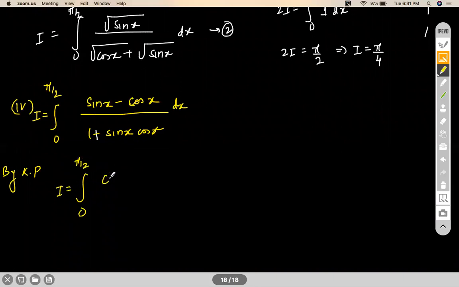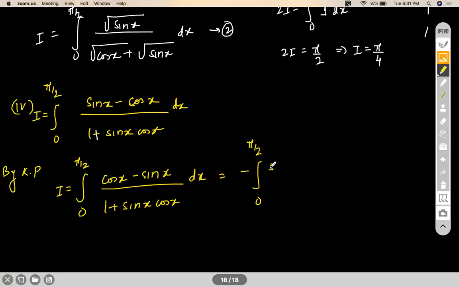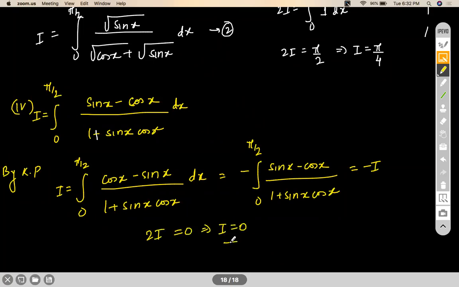This will become cos x minus sin x. Now I don't want to write all those pi by 2 minus x. I'm sure everybody knows how to do it. And the denominator is unchanged. And you realize that it is negative of the integral 0 to pi by 2 of sin x minus cos x by 1 plus sin x cos x. That is nothing but negative I. That means 2I is equal to 0. That means I is equal to 0. Easy. No problem with that.